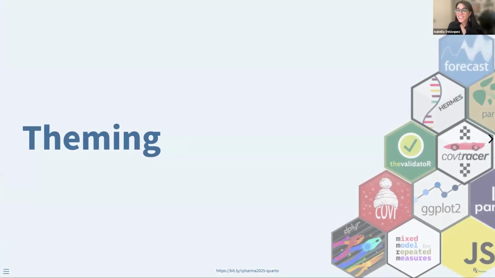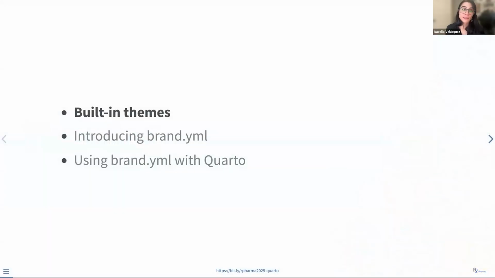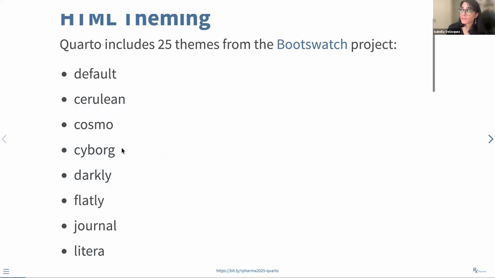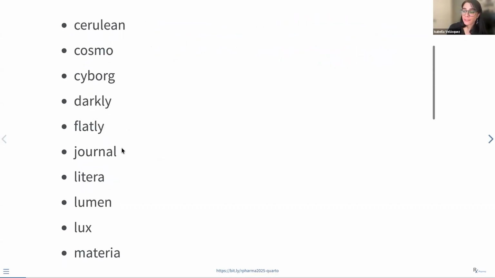Okay. So now let's get to the idea of theming. You have created your Quarto document. It's fantastic. It has code, it has text and everything, but now we want it to look the way that you would like it to look. So for that, we can add themes through theming your Quarto documents. There are a few built-in themes. So for HTML, for example, Quarto includes 25 themes from something called the Bootswatch project.